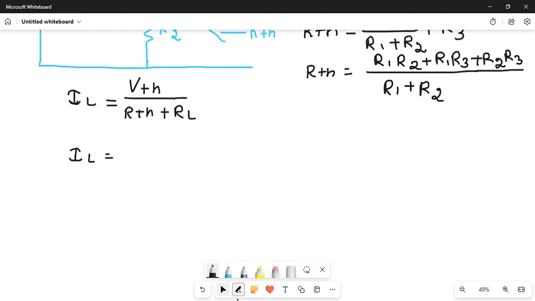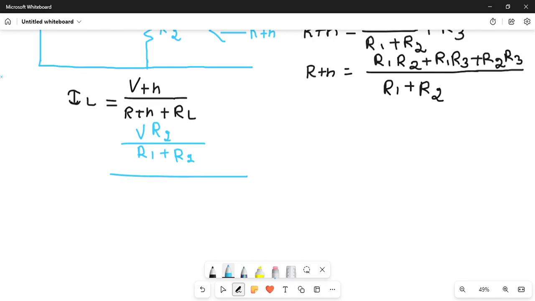So it is nothing but V into R2 whole divided by R1 plus R2, once again whole divided by RTH plus RL, right?